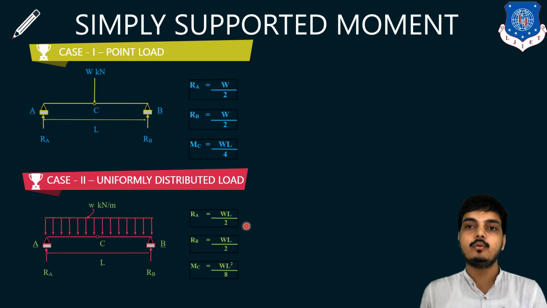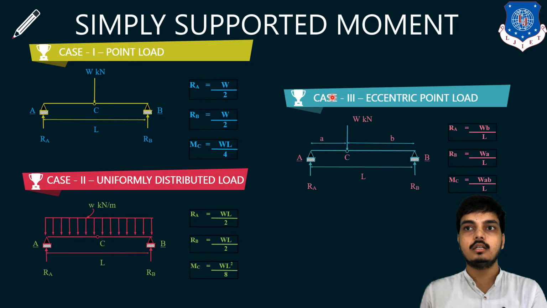So WL by 2 and WL by 2. Now the moment at C point will be WL square by 8. This is W multiplied by length square divided by 8, which gives my maximum moment at C below the maximum load.